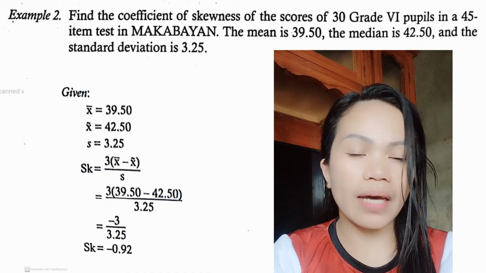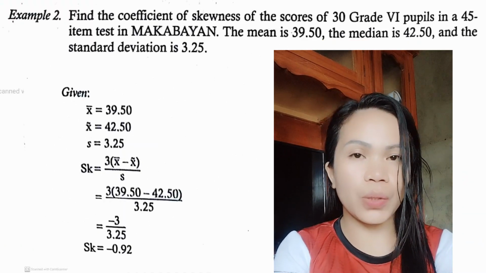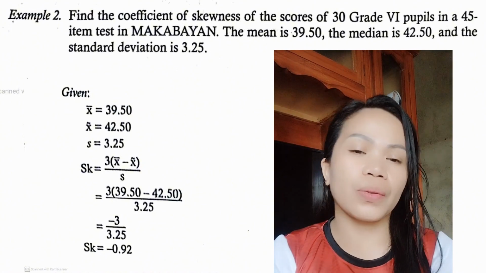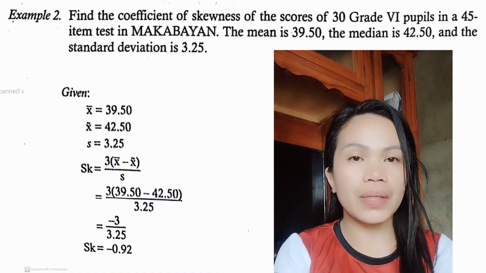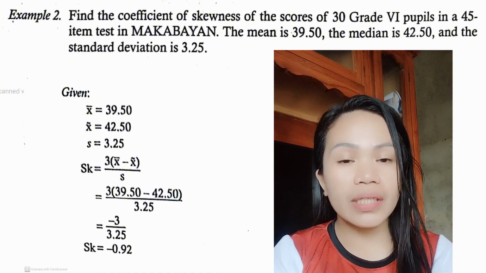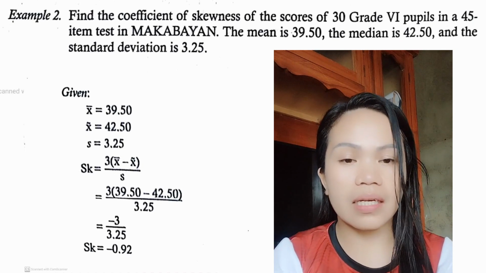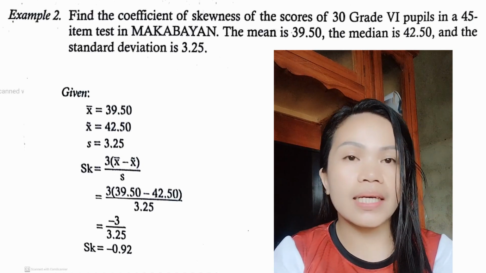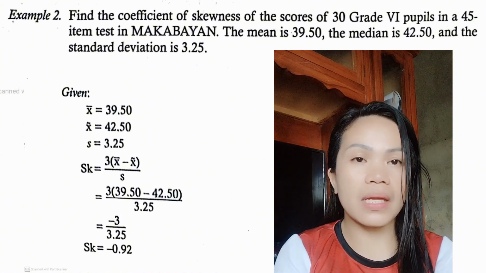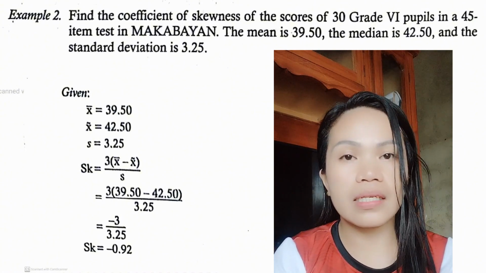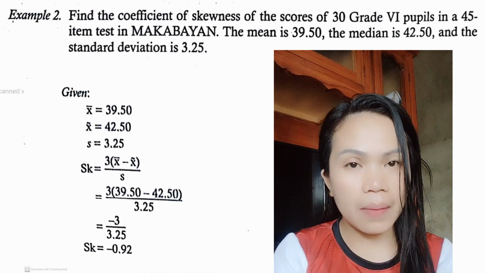Right, let's have another example of measure of skewness. Okay, so find the coefficient of skewness of the scores of 30 grade 6 pupils in a 45-item test in Makabayan. The mean is 39.50 and the median is 42.50 and the standard deviation is 3.25.